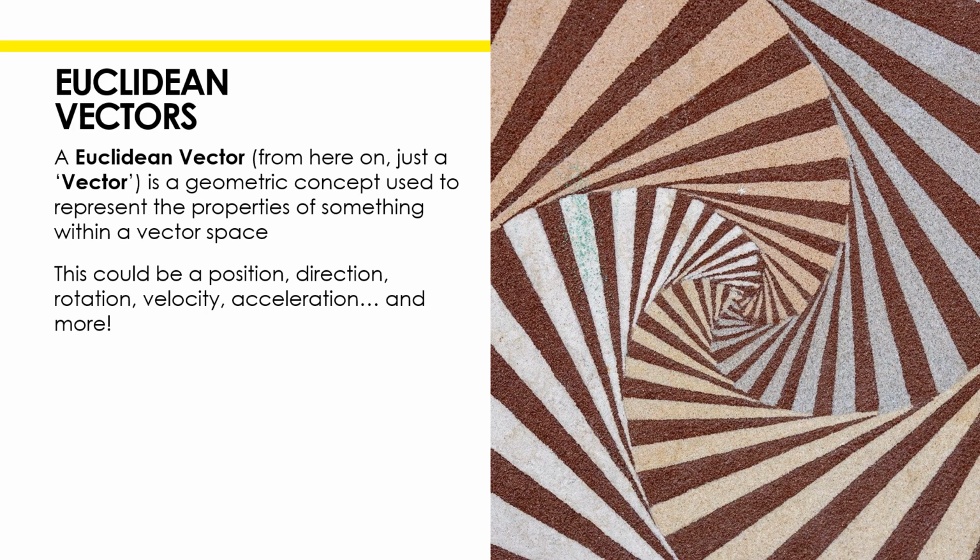A Euclidean vector, but from here on we're just going to be referring to it as a vector, is a geometric concept which we use to represent the properties of something within a vector space. This could be used for a position, a direction, a rotation, a velocity, an acceleration, and many other things on top.